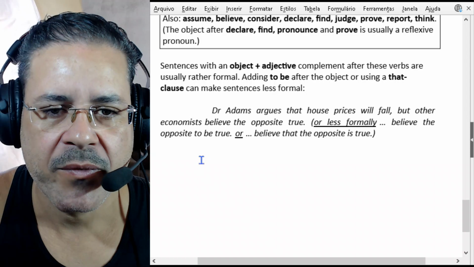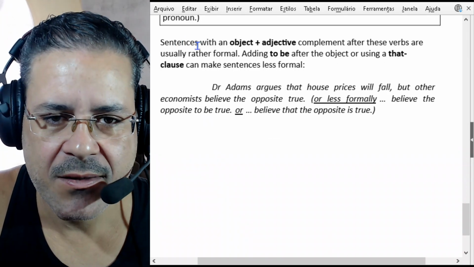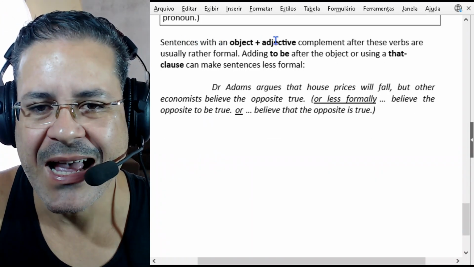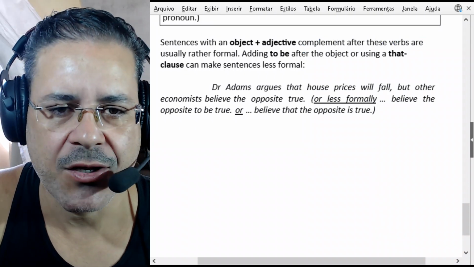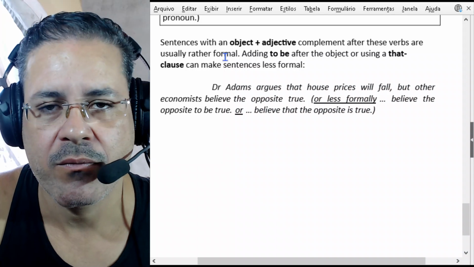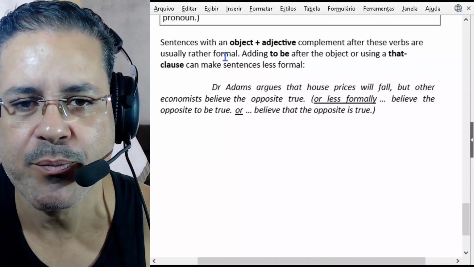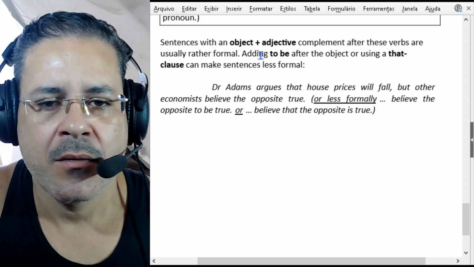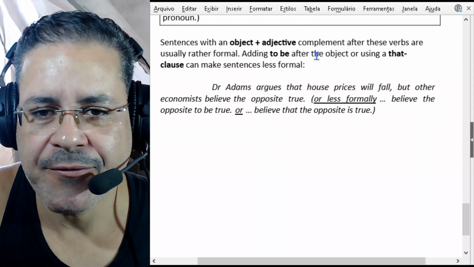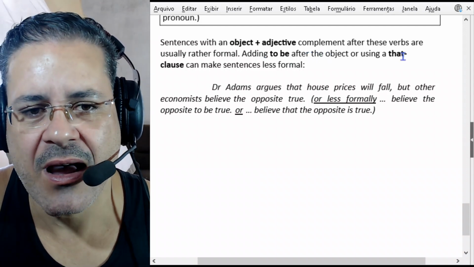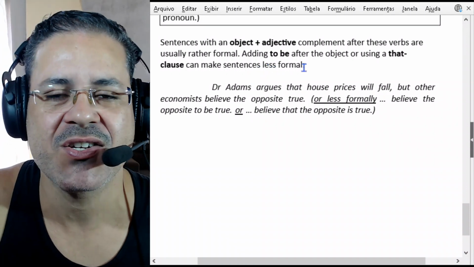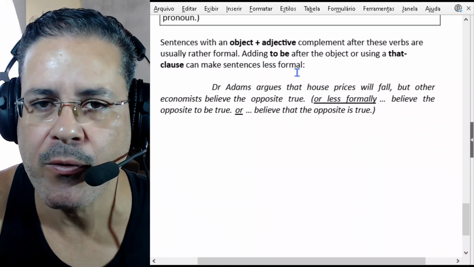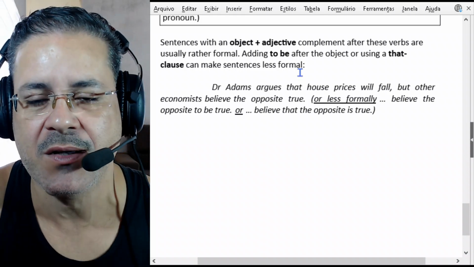Okay, moving on. Sentences with an object plus adjective complement after these verbs are usually rather formal, which means that they're not so important for us, but adding to be after the object or using a that clause can make sentences less formal, that is, informal or more colloquial, which is really important in terms of spoken English.